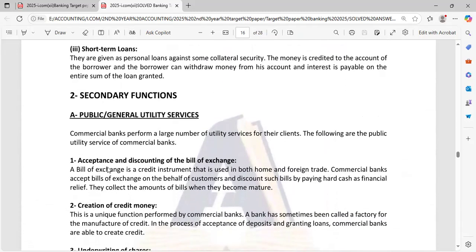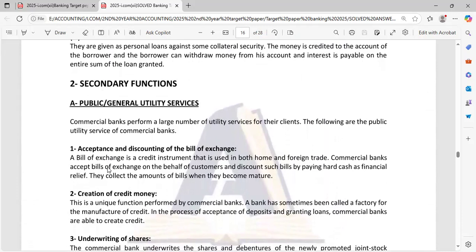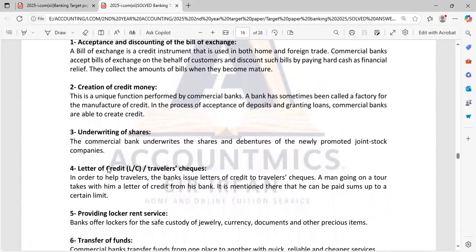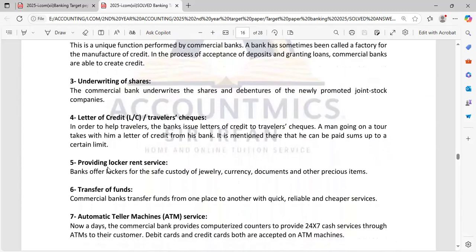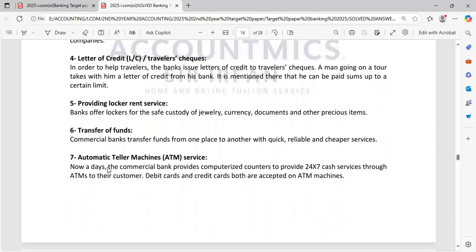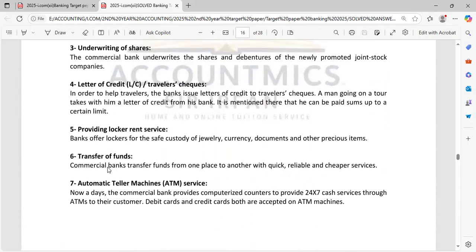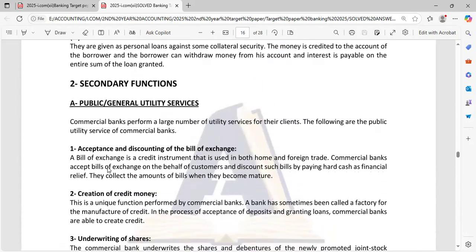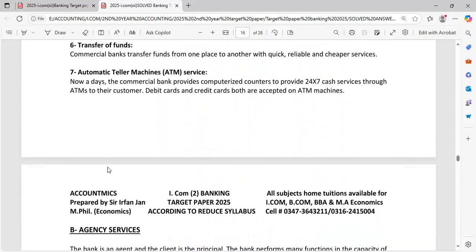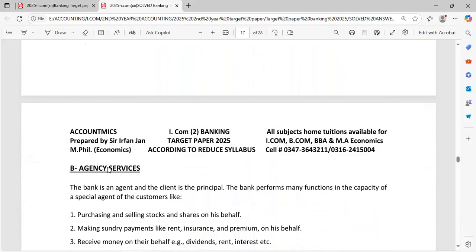And the secondary function: the first is public utility services. Bank accepts and discounts bills of exchange, then creation of credit and other important functions. Underwriter of shares, issuance of letter of credit, provide locker rent service, transfer of funds and ATM service. So these are included in your public utility services. Then we have agency services.